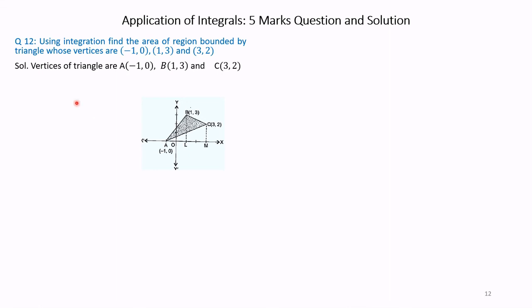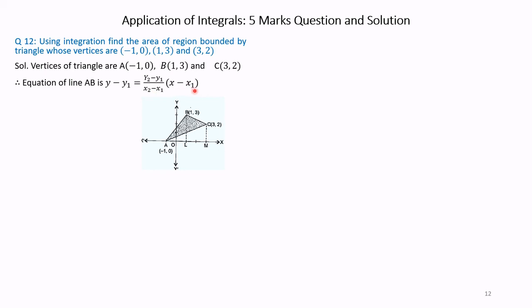What is the solution? Vertices of the triangle are A minus 1 comma 0, B 1 comma 3 and C 3 comma 2. Therefore, the equation of a line, as we know, is given by y minus y1 is equal to y2 minus y1 divided by x2 minus x1 into x minus x1.